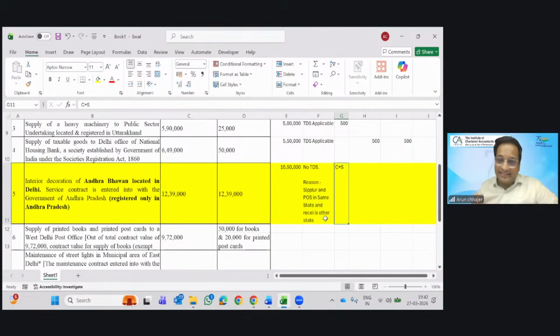In this case, the supplier is located in Delhi, so he will charge C plus S to the Andhra recipient. So when he charges C plus S, would this S be of Delhi state or of Andhra state?